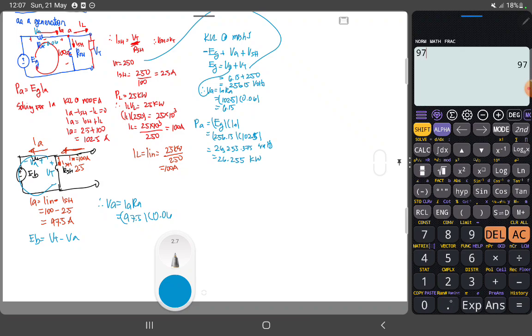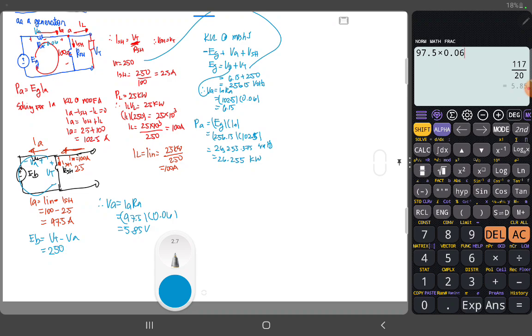97.5 multiplied by 0.06 will yield 5.85 volts. And then we have our VT, which is equal to 250.